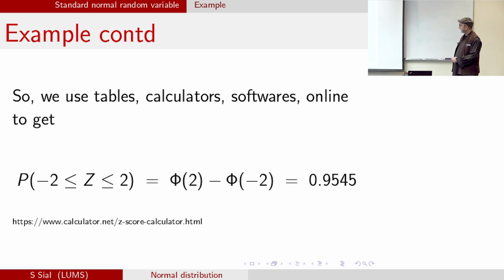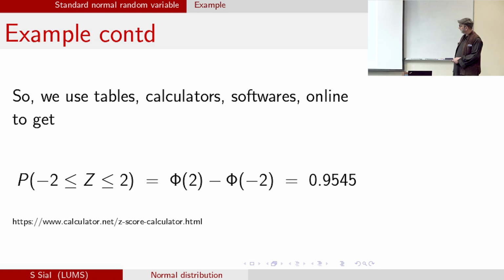Nowadays we have calculators and online sources, and we can just plug the values in. Capital Phi is the CDF, the cumulative distribution function. So we calculate the CDF for z at 2, and we subtract the CDF for z at minus 2, and we get 0.9545.